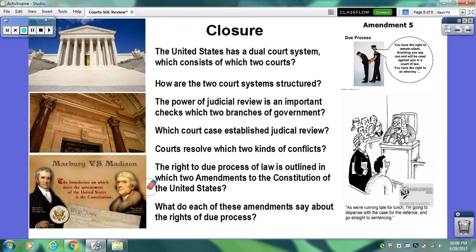The 5th makes sure that the national level honors all of your due process rights, and the 14th makes sure that the state and local levels honor all of your due process rights. And finally, what do each of these amendments say about the rights of due process? As we said in the last slide, it guarantees that you have these rights in court and nothing can take them away.